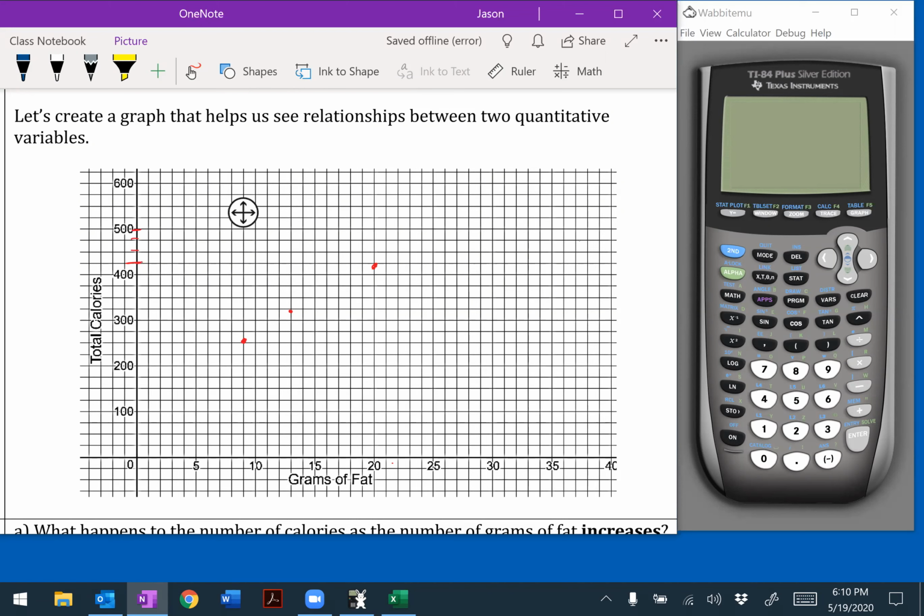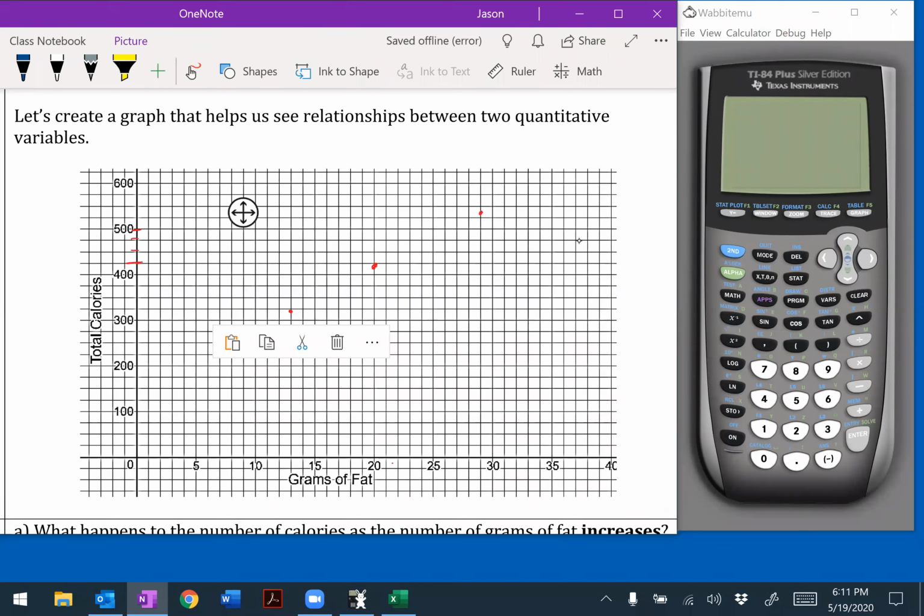Then for the quarter pounder with cheese, 30 and 530, about there. We can already see that there looks like there's a relationship here: as the grams of fat increase, the calories increase accordingly.